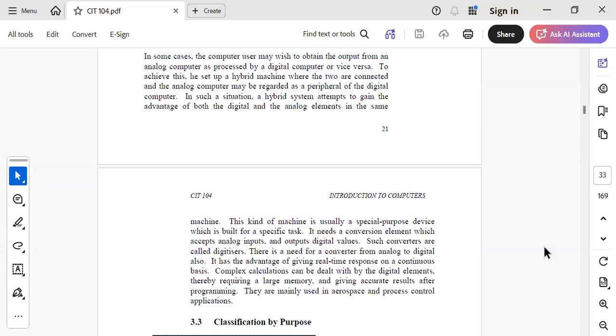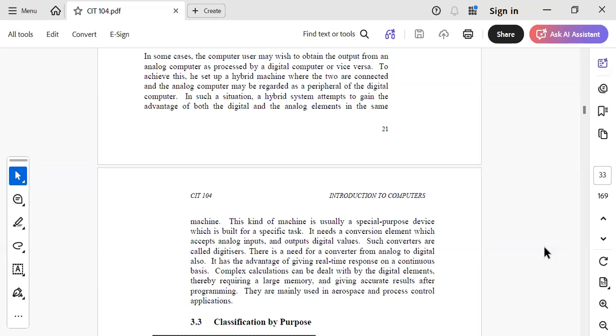In some cases, the computer user may wish to obtain the output from an analog computer as processed by a digital computer or vice versa. When you say that statement, it creates in me some curiosity. I want to know, what are you saying by processing digital computer or vice versa?